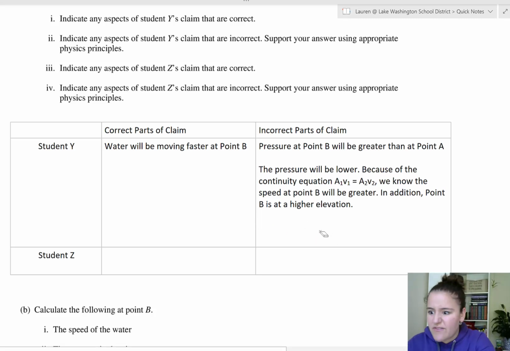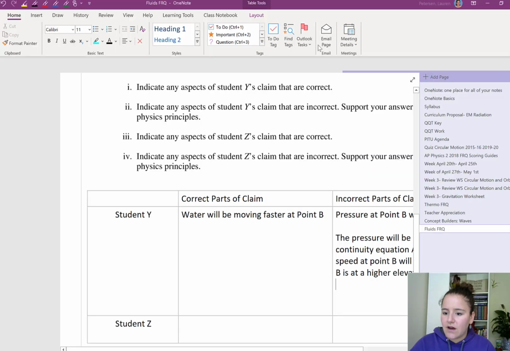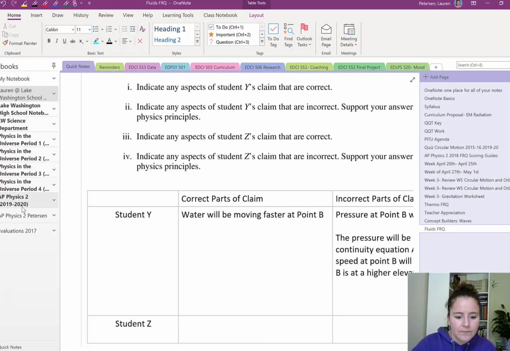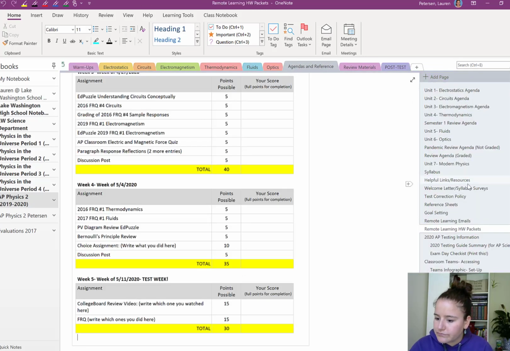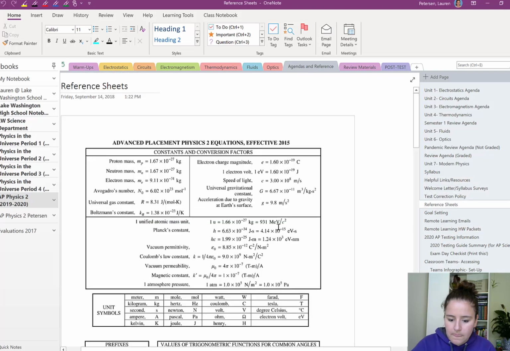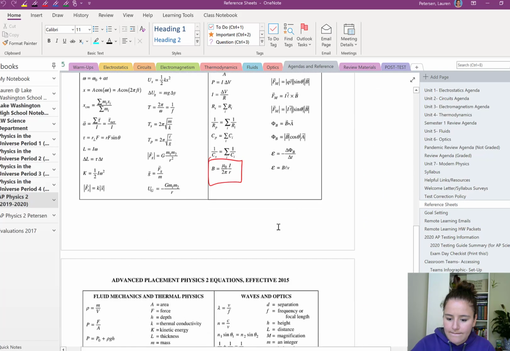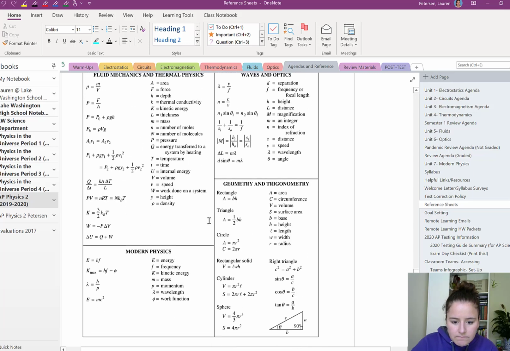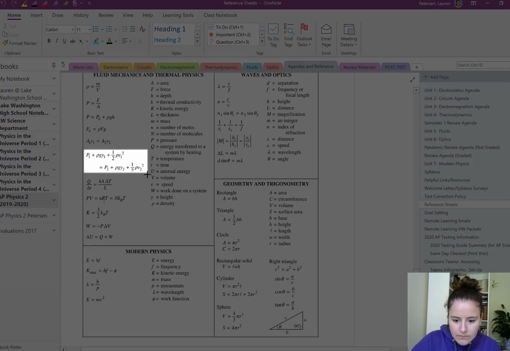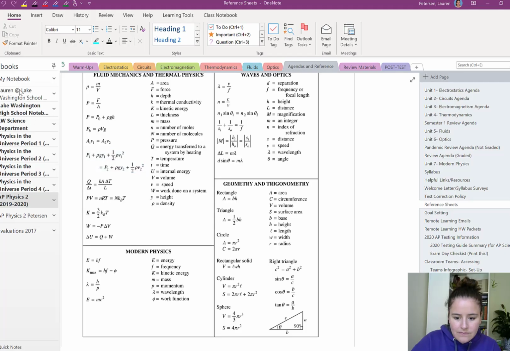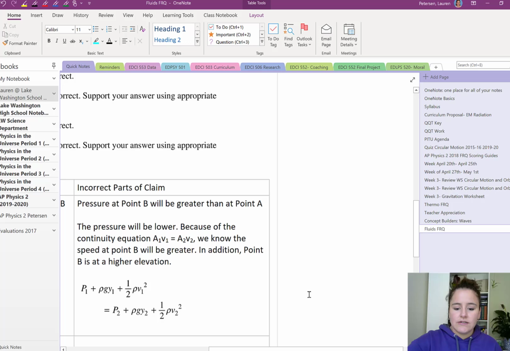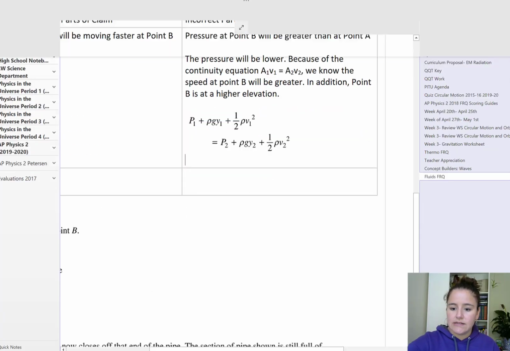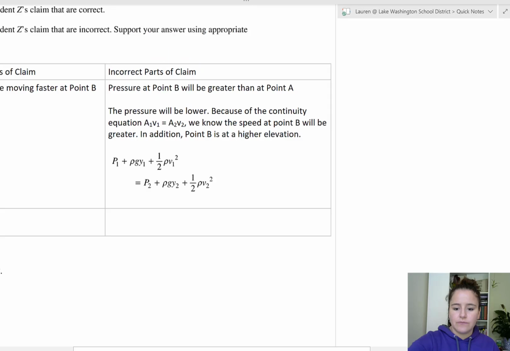You know what? We're just going to go grab it from the equation sheet. That is always a good call. Okay, so let me go ahead and just go over to my equation sheet. Okay, so there's Bernoulli's equation as it is on the equation sheet.